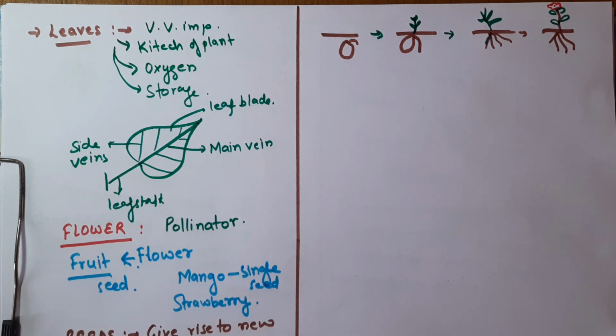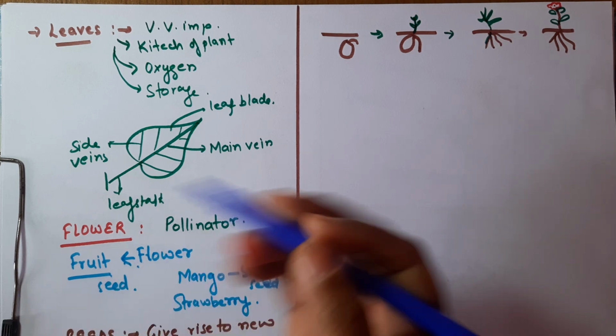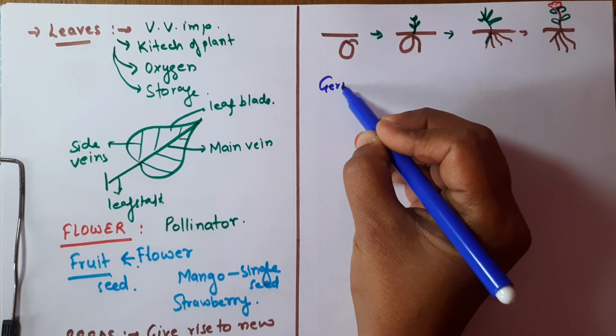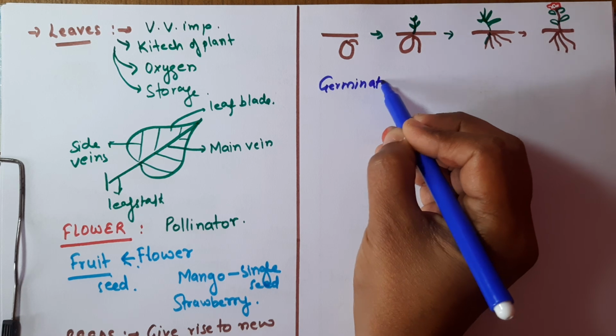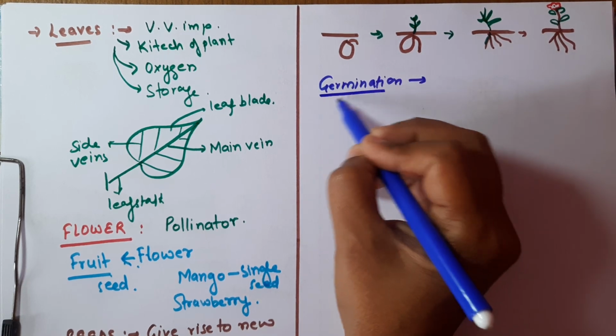So germination, student, is defined as when a seed is buried in the soil and given a proper amount of water, air and sunlight, it will grow into a new plant. So I will write it for you so that you understand it, and you can write it in your examination.